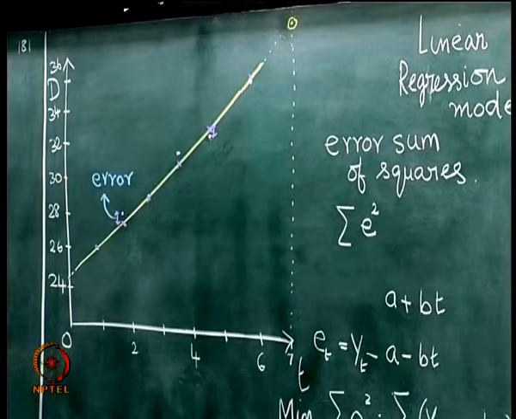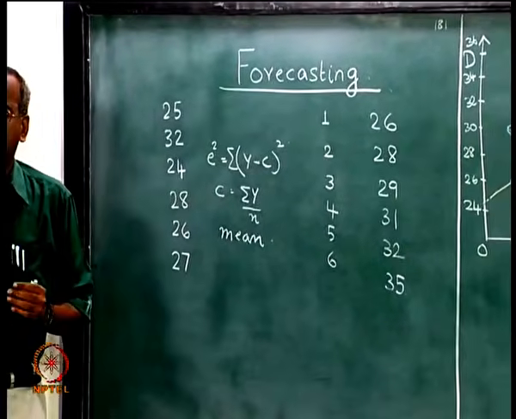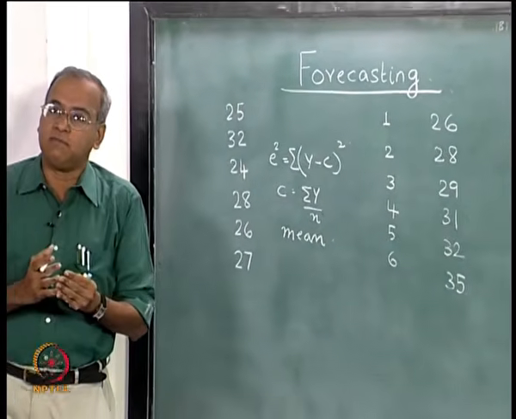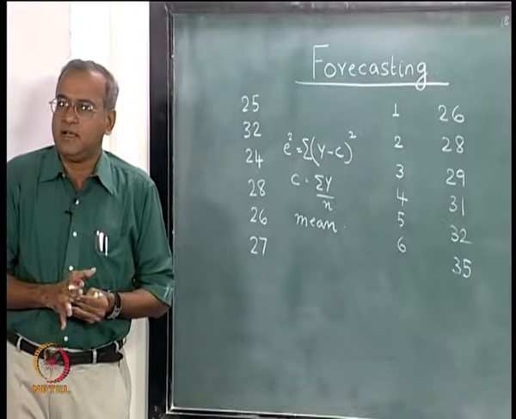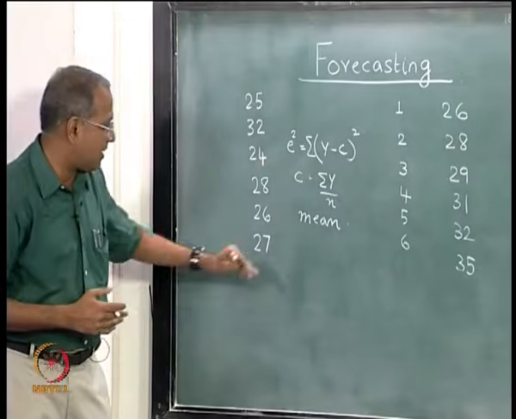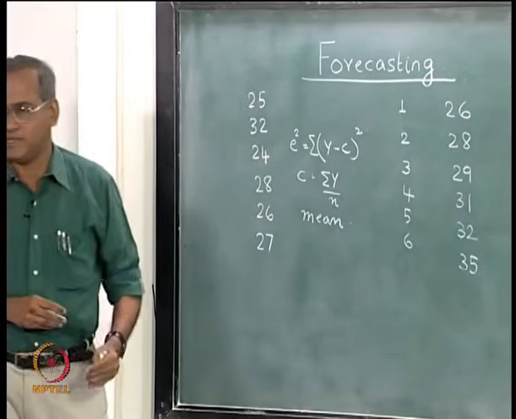When we were looking at this set of data, the constant data, we also said that even though it is a good idea to use all the data points, we would rather give a little more weightage to the recent points and little less weightage to the older points.